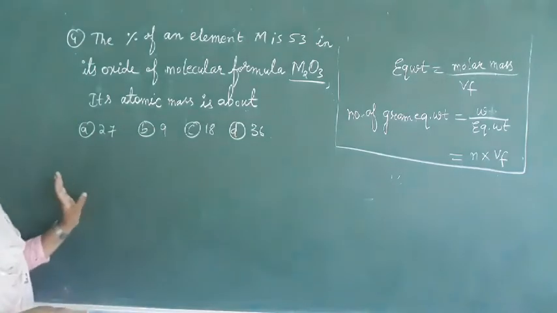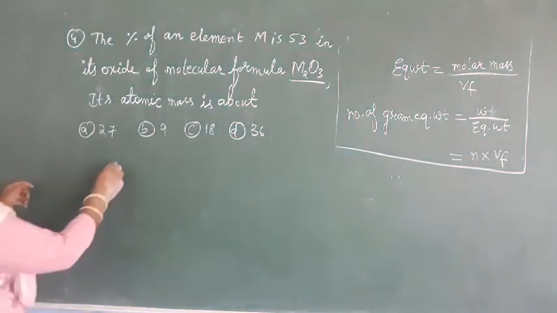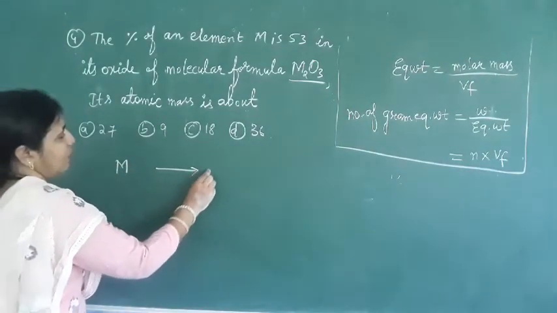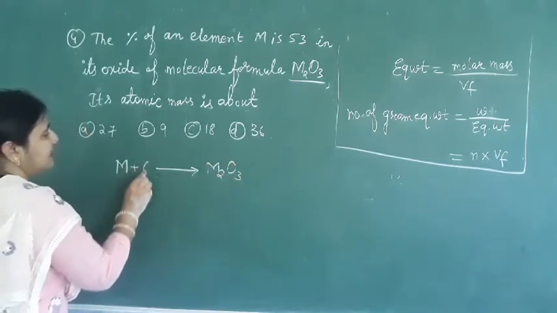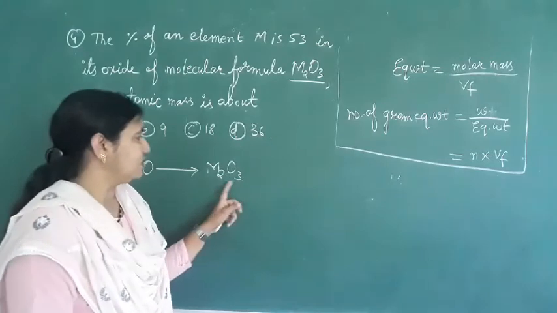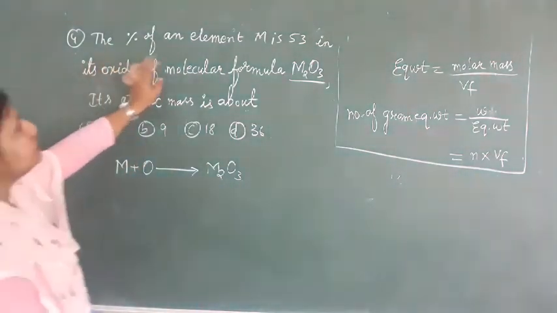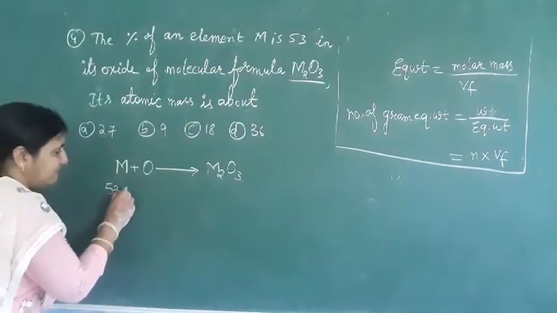So what they have given is the percentage of element M. Oxide means this element is reacting with oxygen, and we are getting the oxide M2O3. So in this oxide the percentage of M is 53%.